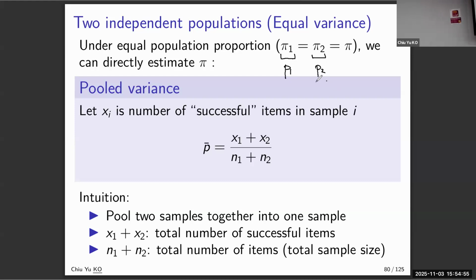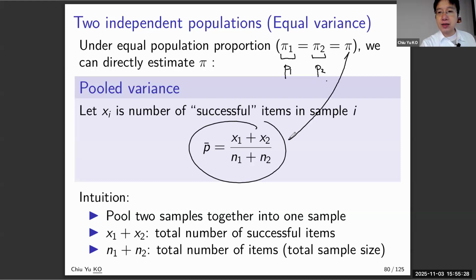But they are not the most efficient ones. Actually any weighted average of P1 and P2 would work. Say half of P1 and half of P2 would also work for pi. Or 1/3 of P1 and 2/3 of P2 would be a good estimate of pi. But it turns out that you can show this one is the best for pi.